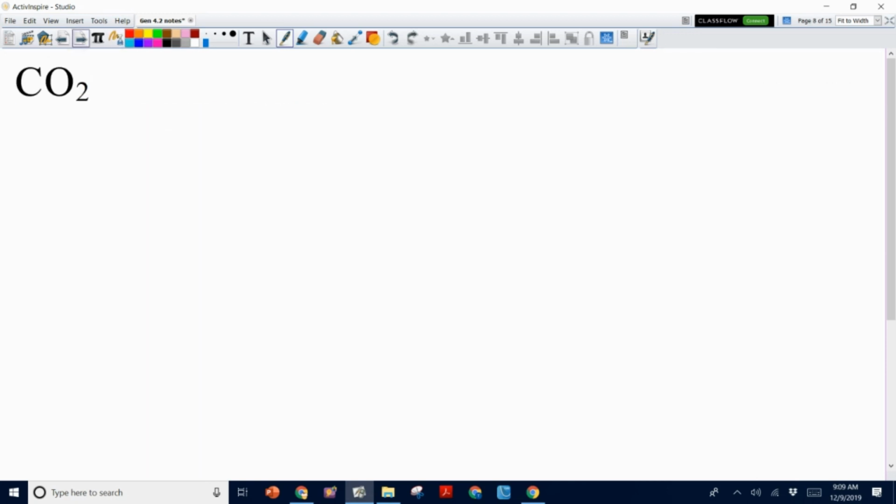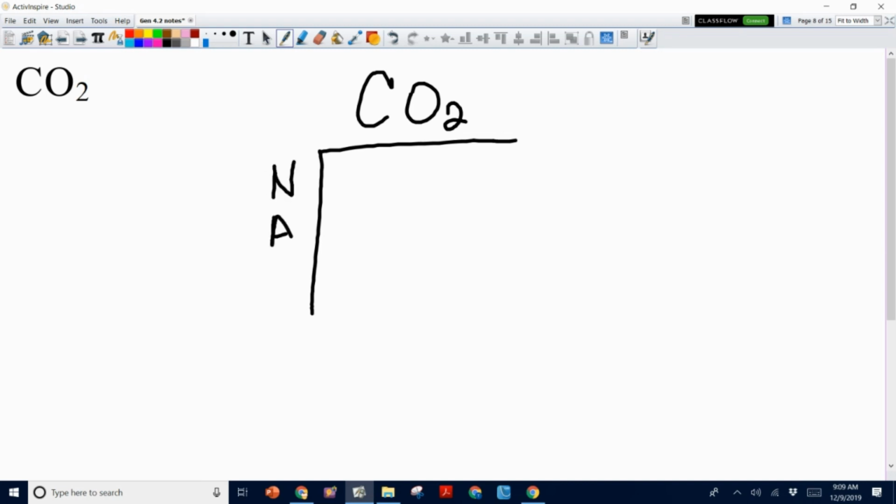All right. So let's look at our first example. We're going to use carbon dioxide as our first example. So the way we do this NAS method is we take carbon dioxide like this, and we write it with a right angle. And we'll put an N, an A, and an S. And then I'll write out each element that's in carbon dioxide.